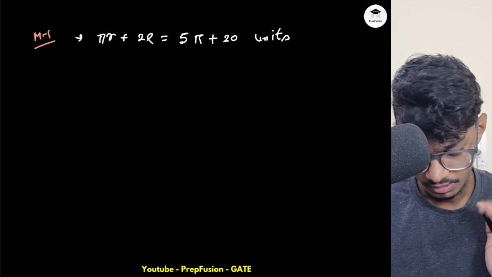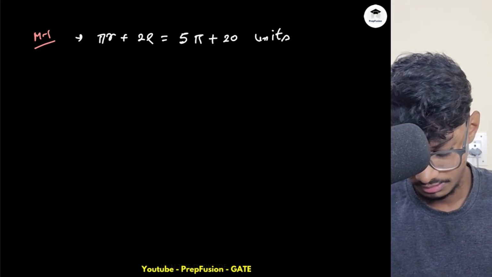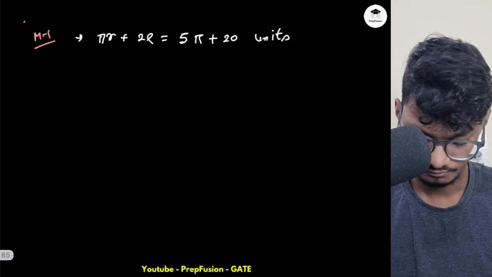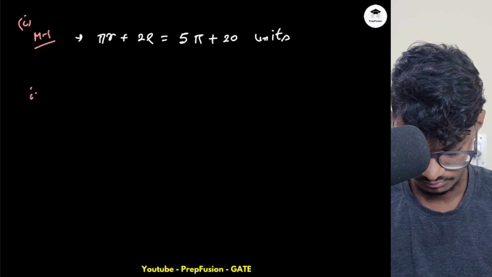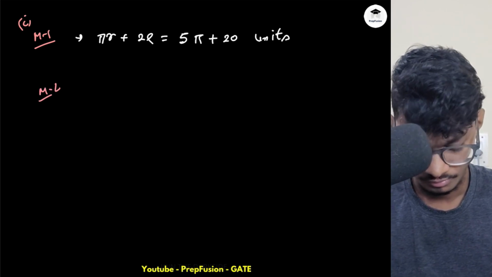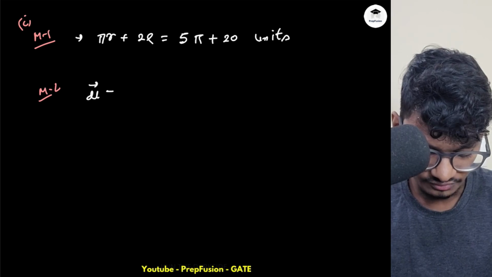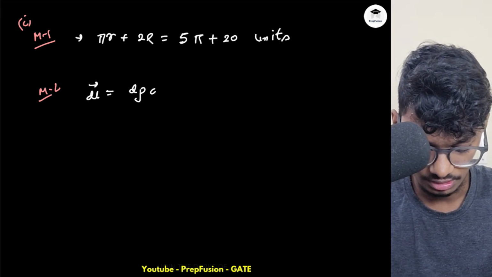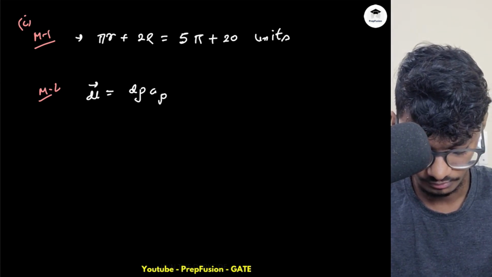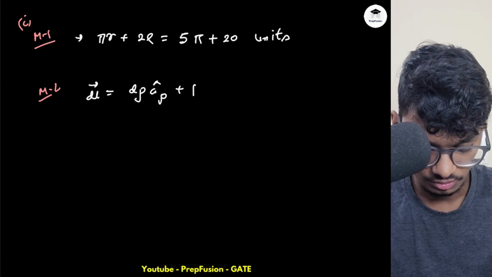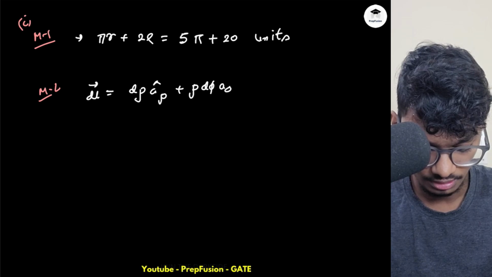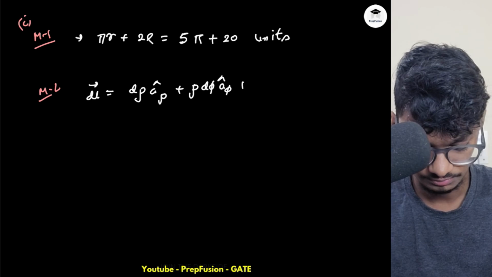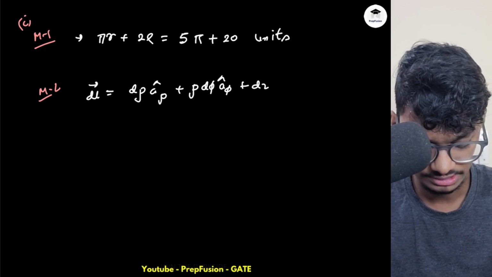Now method 2, this was part A actually. What is an incremental differential length in the cylindrical coordinate system? If you remember, this was d rho a rho cap plus rho d phi a phi cap plus dz az cap.